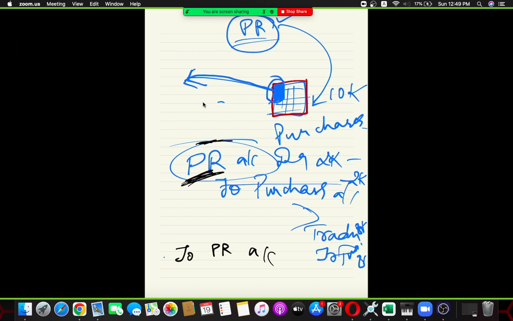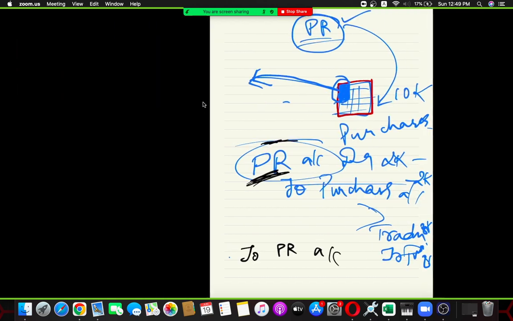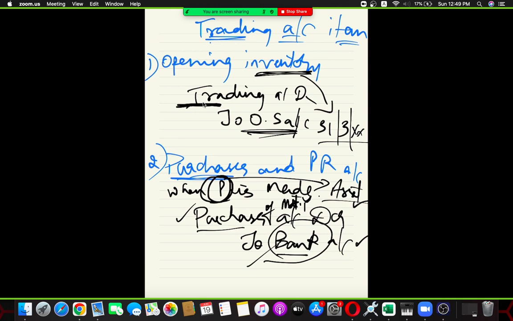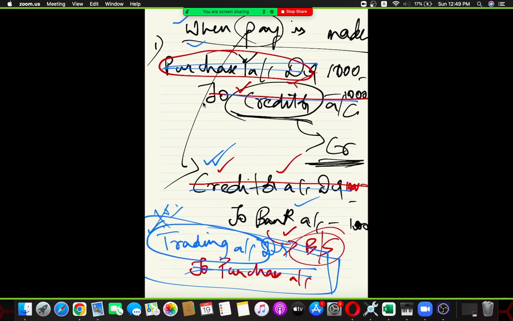If the purchase account is being debited, you might have seen in the previous example, when you are making the purchase, you might have paid. Similarly, when you are getting the purchase return, you are sending back those goods to them.